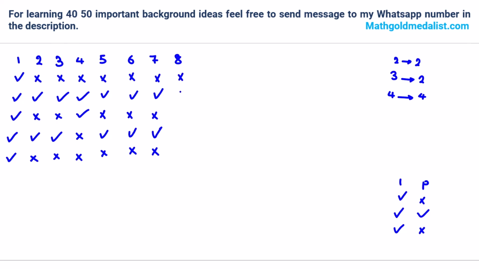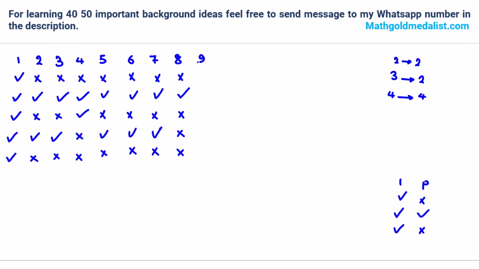Check. Cross. Cross. Yes, here 1, 4. Cross, what else? Cross. Yes, 1, 2, and only 1, 2. So again, for 8 also the length is 4, right?